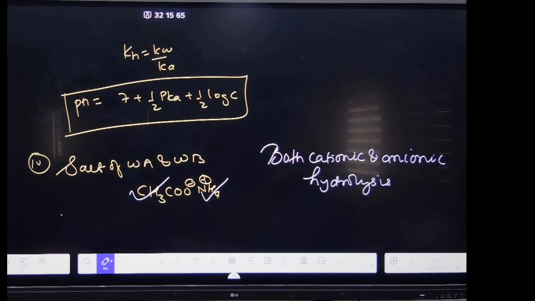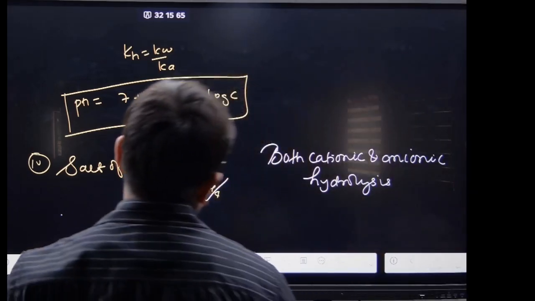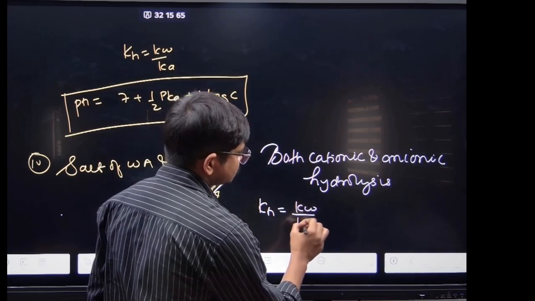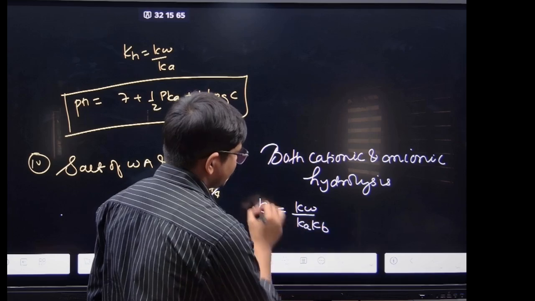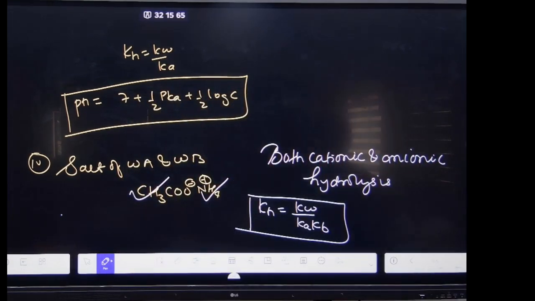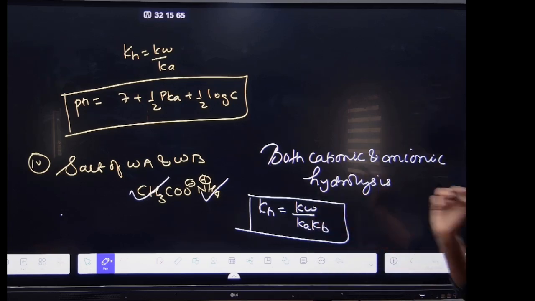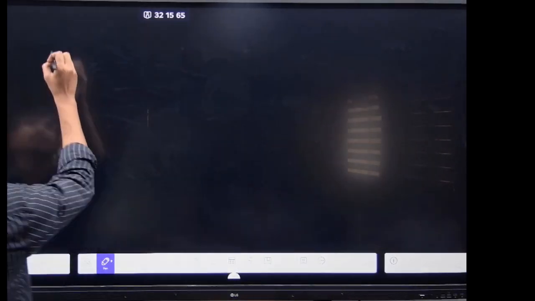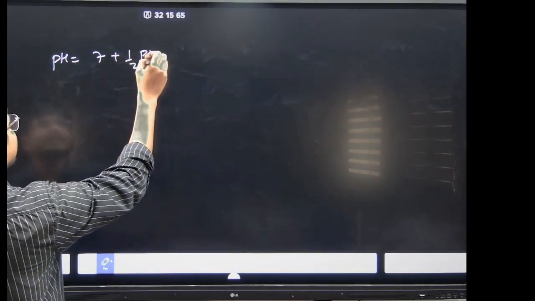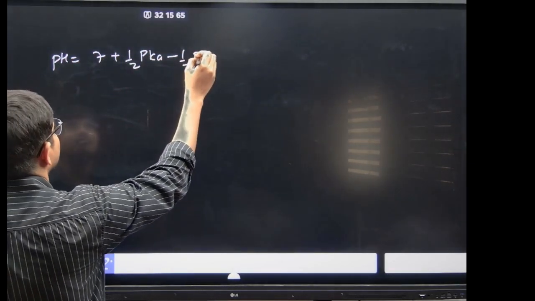Fine. So see here, I can write that KH is equal to KW by Ka into Kb. Got it? Since both are undergoing hydrolysis, that's why Ka and Kb. And in this case, the pH will be 7 plus half pKa minus half pKb.